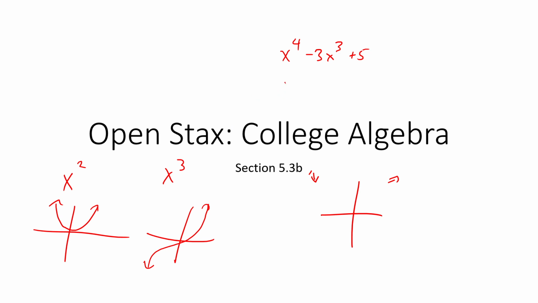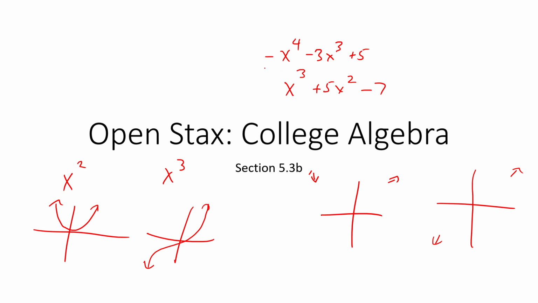Now, if we have an odd function, this one is going to follow the x to the third pattern, and it is going to start in the bottom left and go to the top right. Okay, now it's possible, however, that they have a negative in front. If I had an even one with a negative in front, we learned already that negatives flip it upside down.